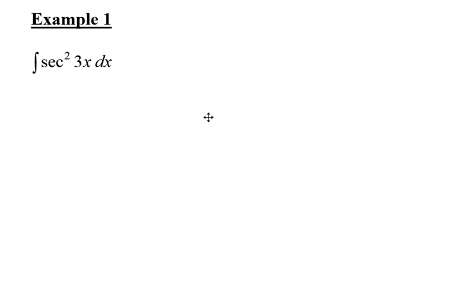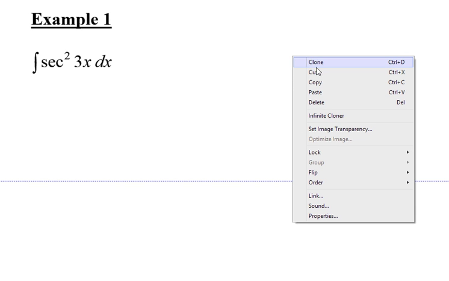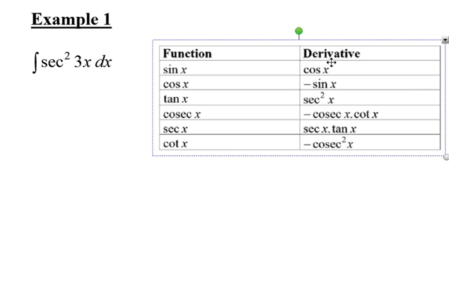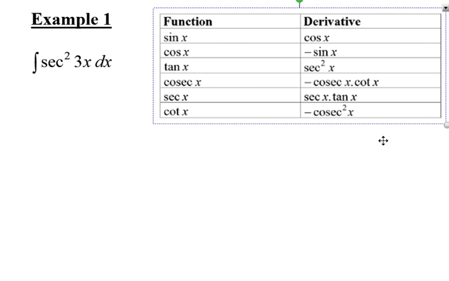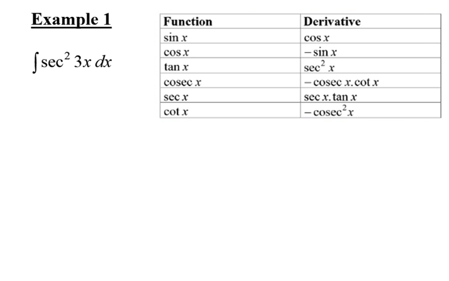And remember to keep looking back at your table. So actually I'm going to pop my table here, just to help me. So if I am finding the integral of sec squared 3x, that is in fact a composite function. It's sec squared of an angle, which I can see here. So I know how to integrate that. It's tan of an angle.